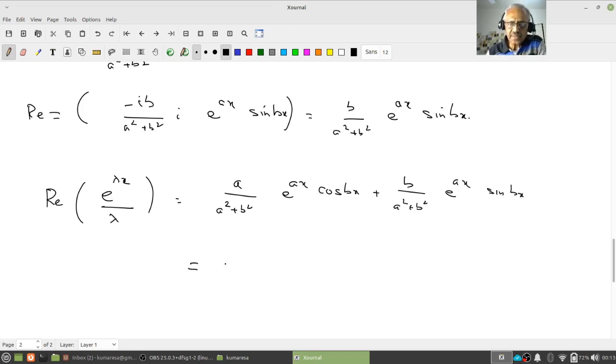Therefore I can write it as 1 by a squared plus b squared, and there is still one more thing which I had forgotten. I will come to that. e power ax also can come out, therefore a cos bx and b sin bx.